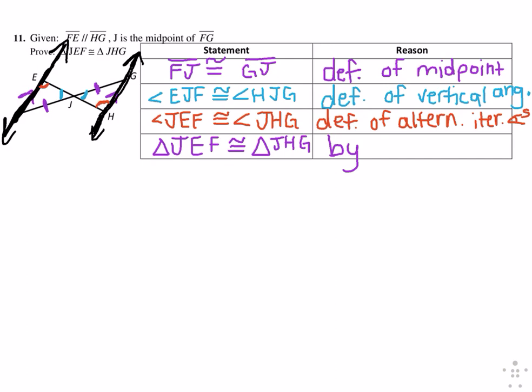So here, if we start by looking at the red right here, we have an angle, and then right here at the last part we have a side. So I would say by the angle side postulate. Now that's just one way.